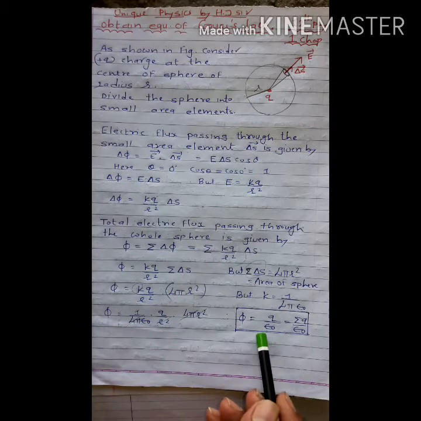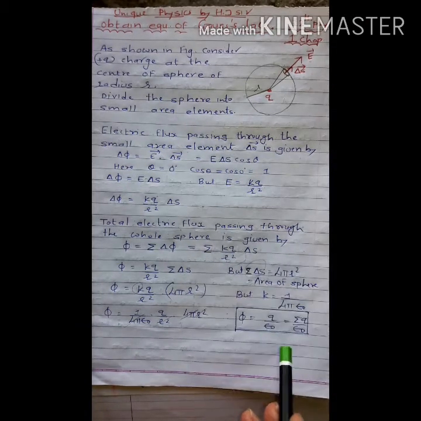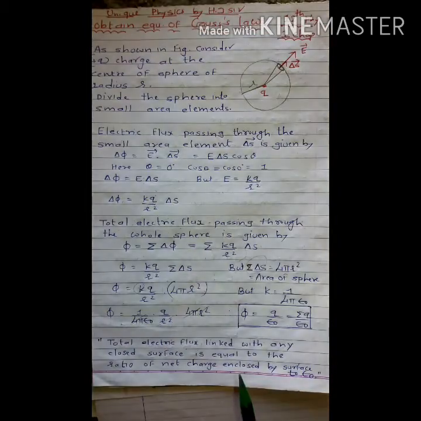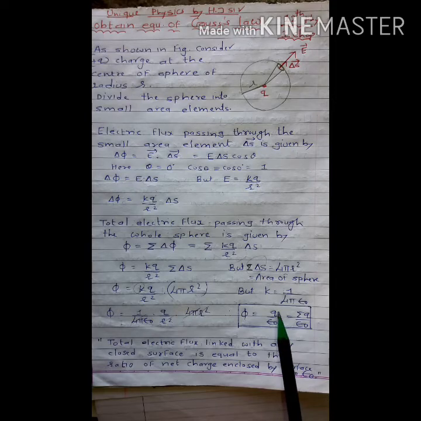Now this is our equation of Gauss law, and lastly we have the statement of Gauss law. The simplest statement: the ratio of charge to epsilon 0 is equal to the electric flux.